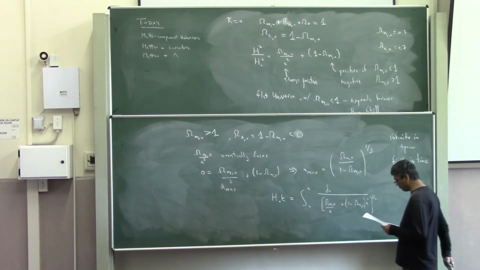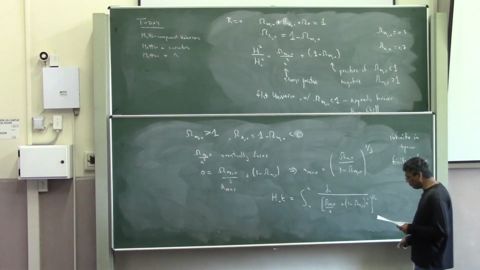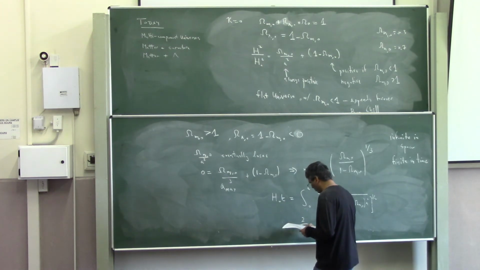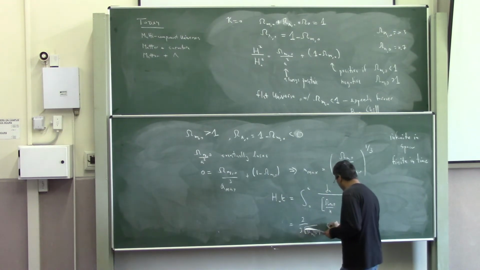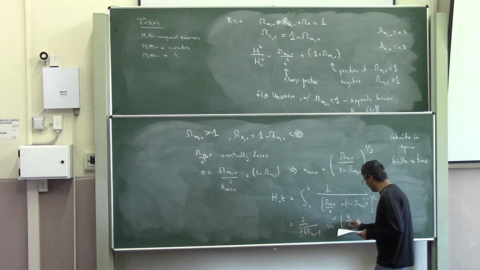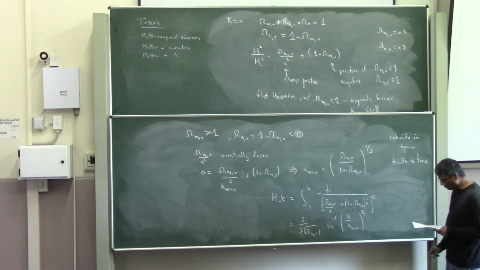So this integral you can look up. If you do this integral, you'll get 2 over 3 square root of omega m0 minus 1, inverse sine of a over a max to the 3/2 power.